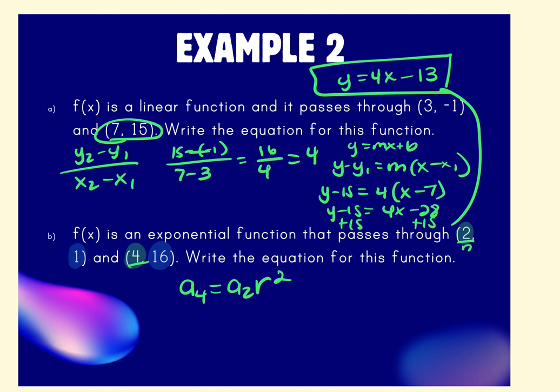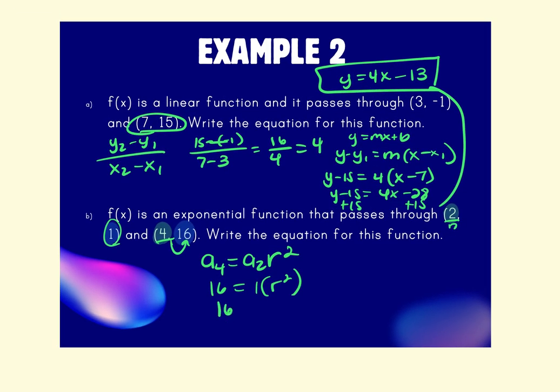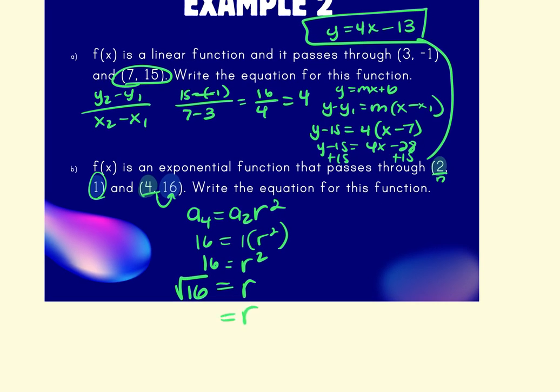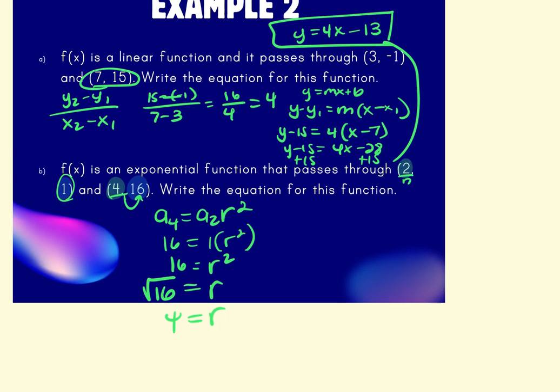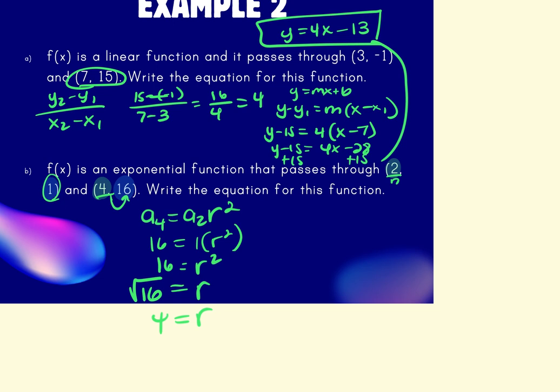Remember, those have to add up to be the one on the left. So if a4 is the y value that corresponds to it, and a2 is the y value that corresponds to it, then I end up with 16 equals r squared. R would equal the square root of 16, which is 4. So now I have my r.